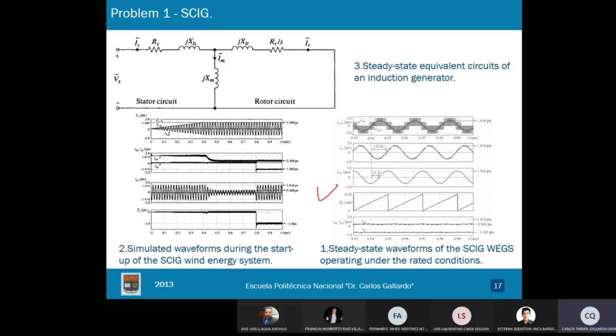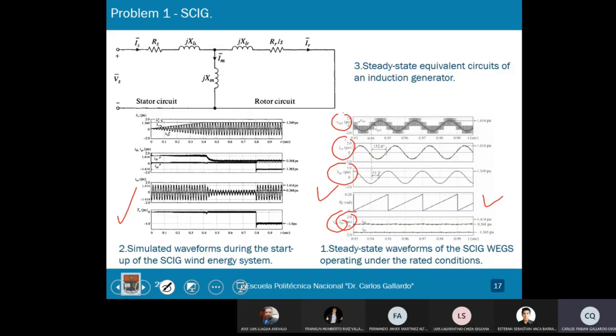Therefore, I will have here, for instance, the direct axis current, this is the quadrature, the angle, the stator flux, this is the rotor flux, and this is the voltage and the current under the rated condition.